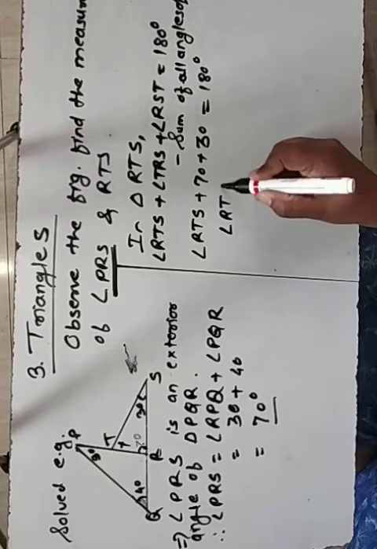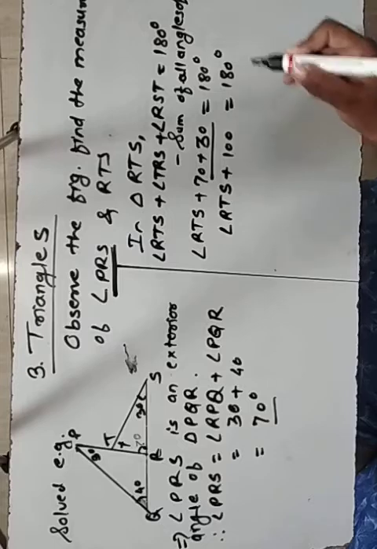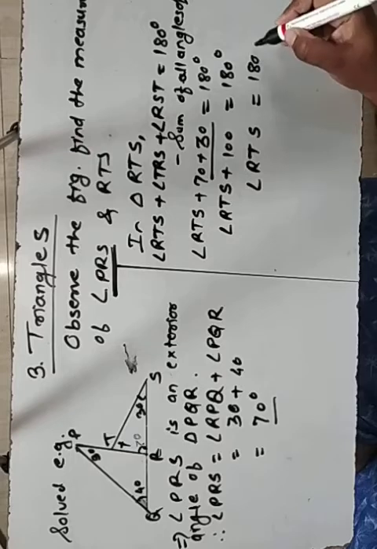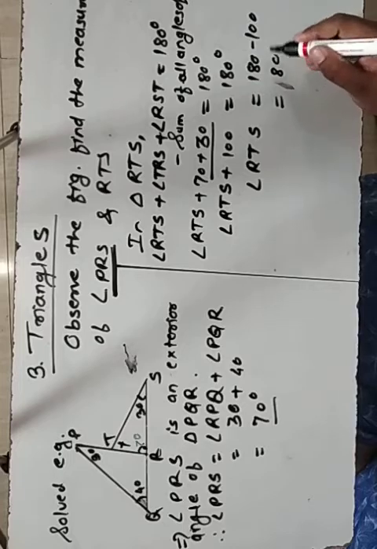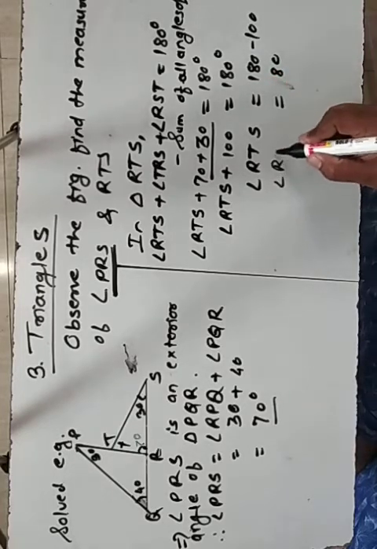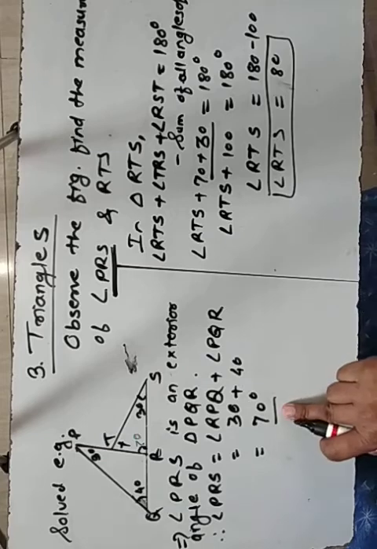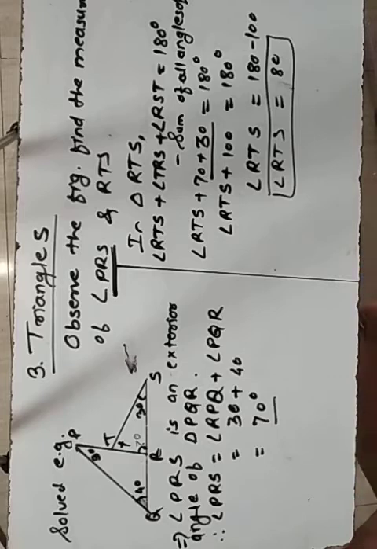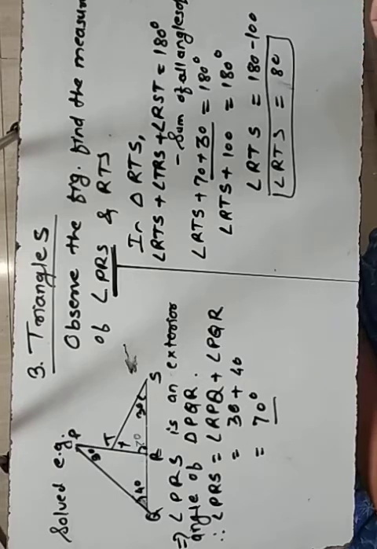Angle RTS plus the sum of these two, which is 100, is equal to 180 degrees, so angle RTS is equal to 180 minus 100, which is 80 degrees. So in this way you have to use the property of the exterior angle of a triangle to find PRS, and the property that the sum of all angles of a triangle is 180 to solve the second example.